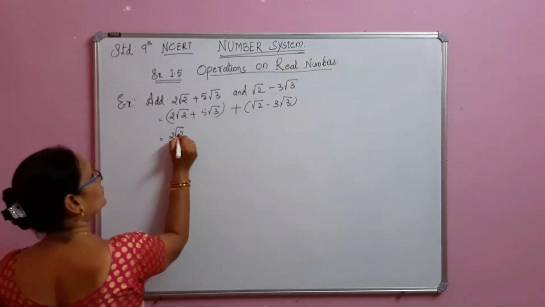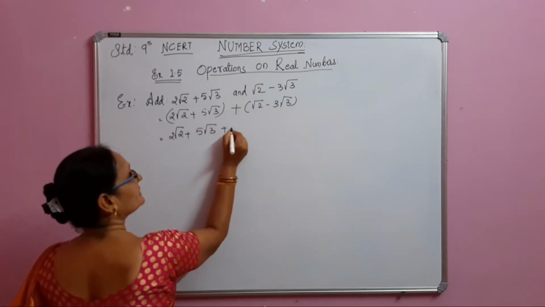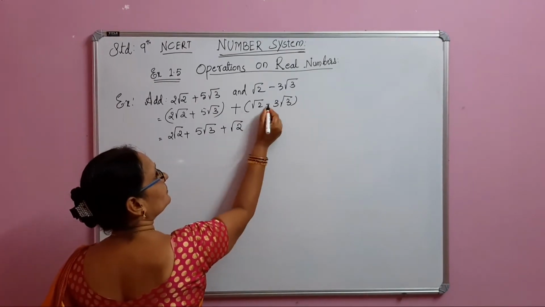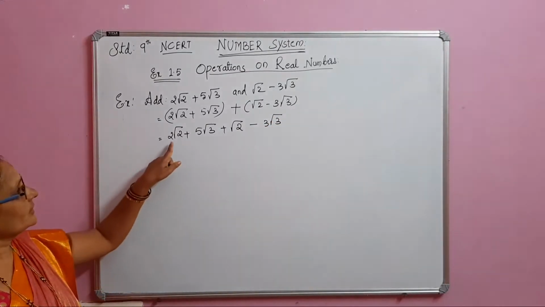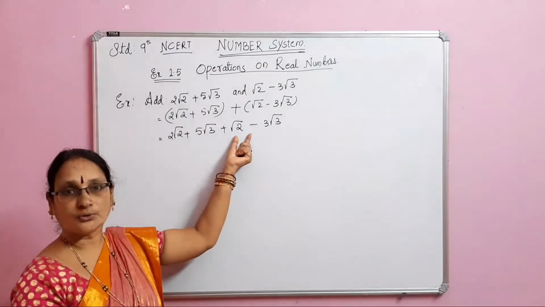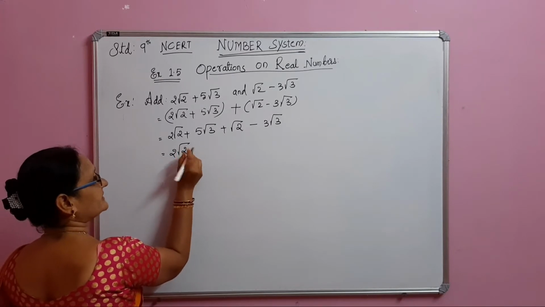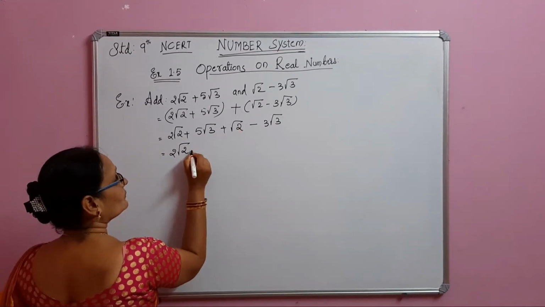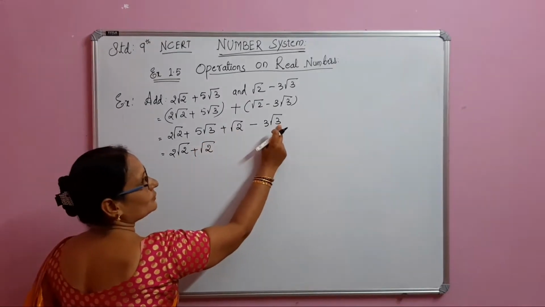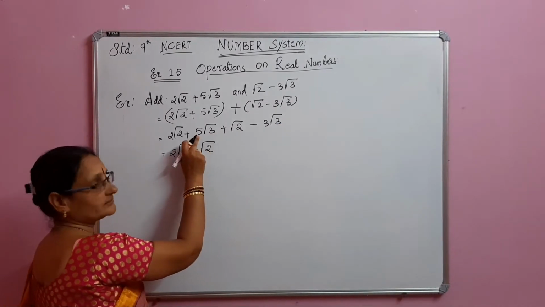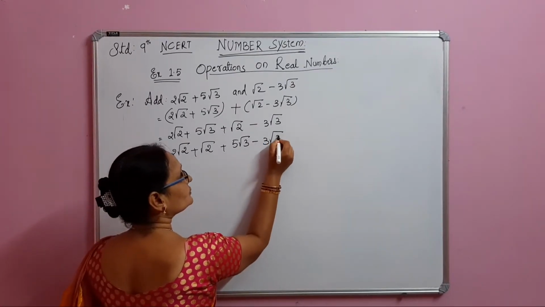Now 2 root 2 plus 5 root 3 plus root 2, plus into minus, minus 3 root 3. Now we collect the like terms on one side, the same way as in algebra. Here root 2, here also root 2. Then here root 3, here also root 3, along with the numbers: 5 root 3 minus 3 root 3.